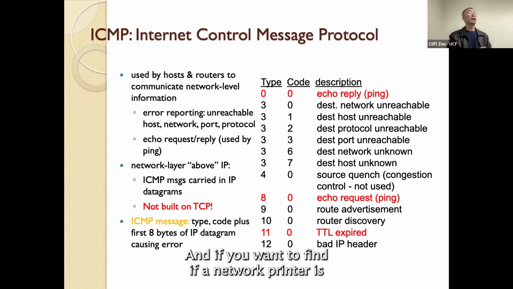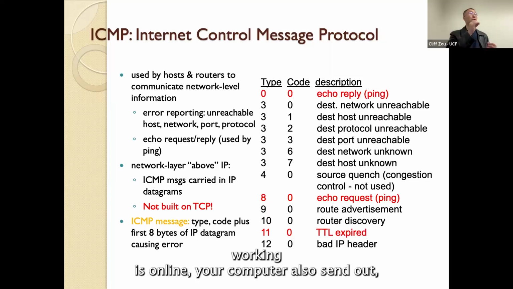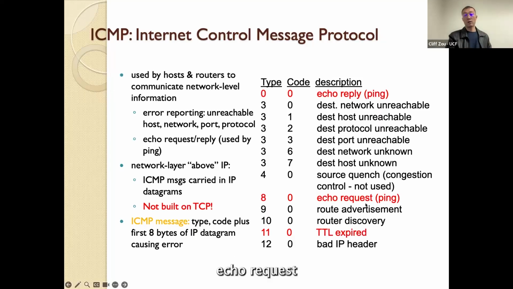And if you want to find out whether a network printer is working and online, your computer also sends an echo request message to that network printer's address. So ping is used a lot by network printers.